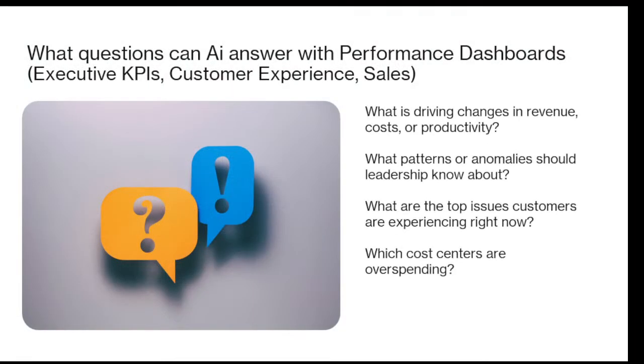So what questions could an AI answer to perform dashboard duties, such as executive KPIs, customer summary, experiences, and sales? What's driving changes in revenue, cost, or productivity? It may be a visual board or a visual TV that says, this is what's happening, real time, something's changed. What do you need to do to fix it?